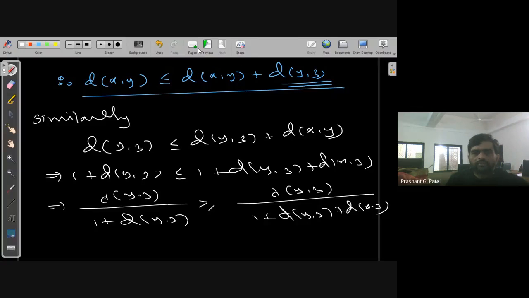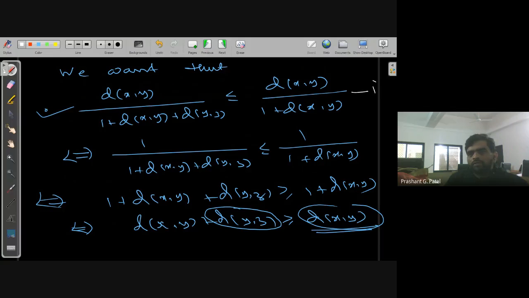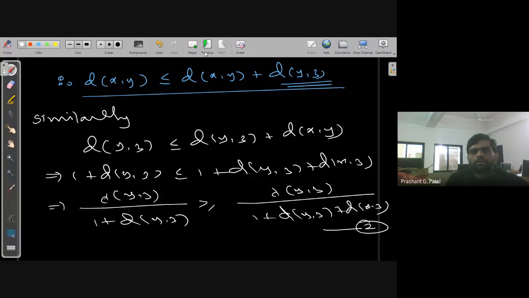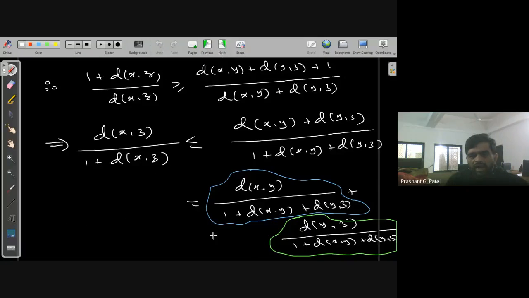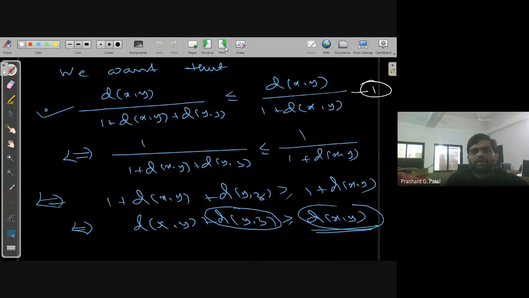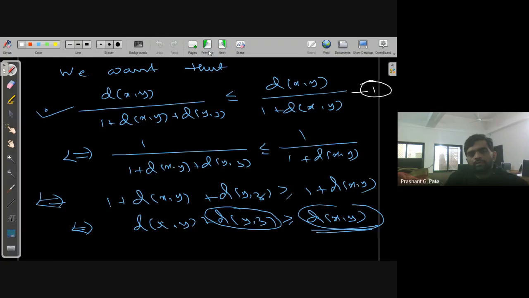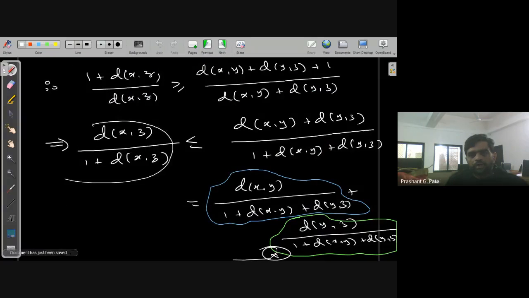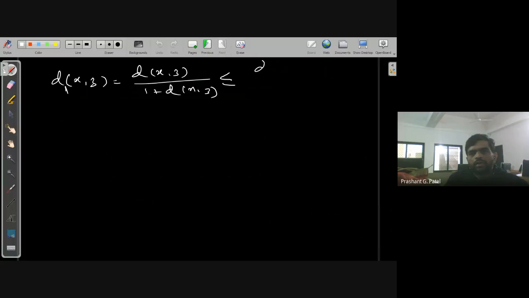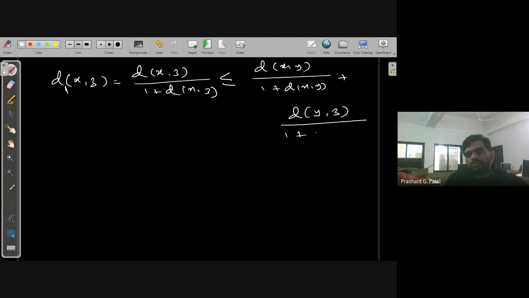So using the first one, the second one, and the star statement, we can say that d1 of xz, which is d of xz upon 1 plus d of xz, is less than or equal to this quantity, d of xy upon 1 plus d of xy plus d of yz, plus d of yz.